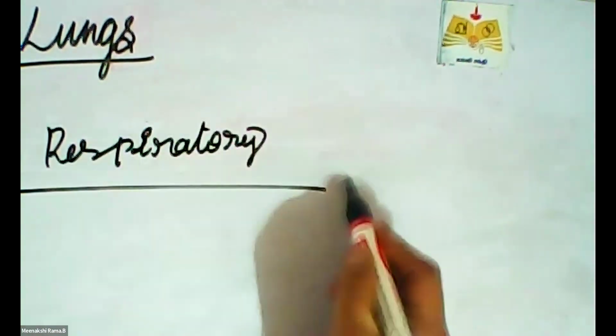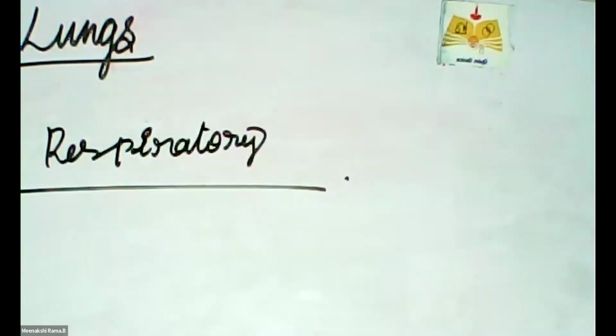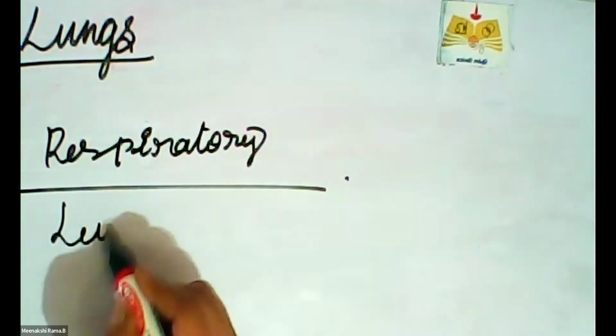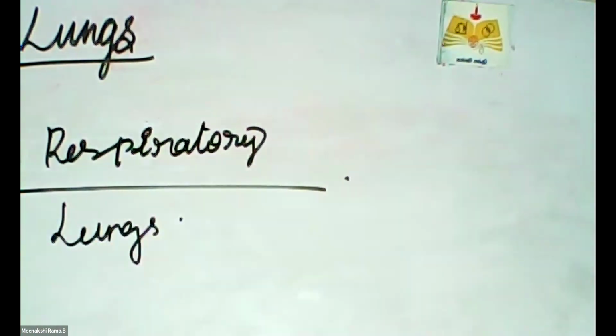Respiration is nothing but the inhalation and exhalation of air. Respiratory organs are found in the human body as well as in animals. The respiratory system consists of the lungs, parenchyma and airway.